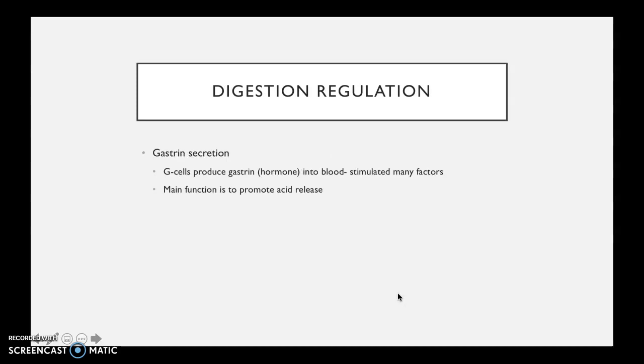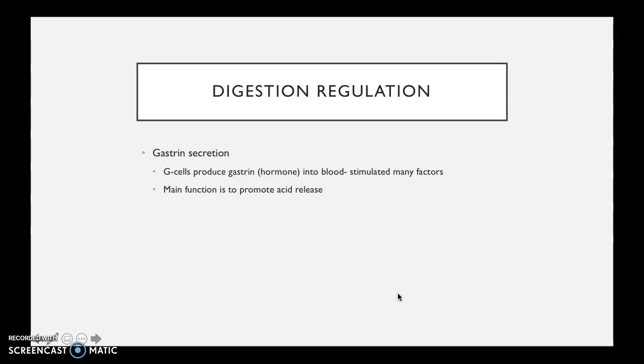Next is gastrin secretion. Gastrin secretion promotes the release of acid. It comes from G cells, which produce gastrin, which is a hormone and is released into the blood. It is stimulated and regulated by many factors.